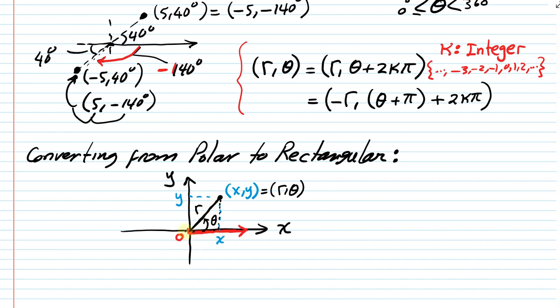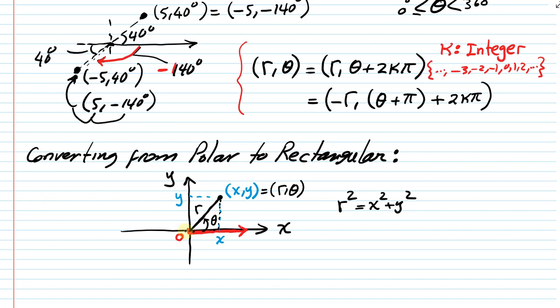We can use Pythagorean and say r squared is x squared plus y squared, right? So this would be the relationship between the rectangular and Cartesian coordinates. R squared is x squared plus y squared.